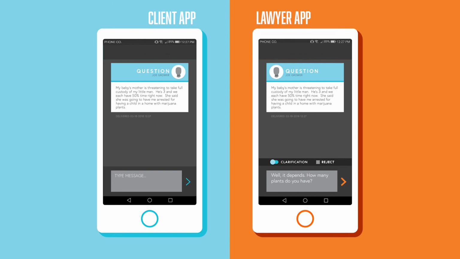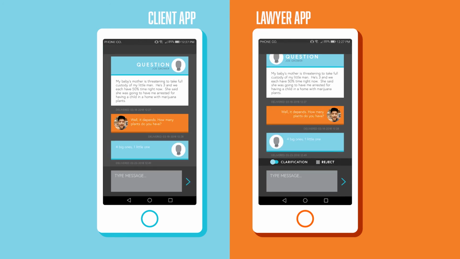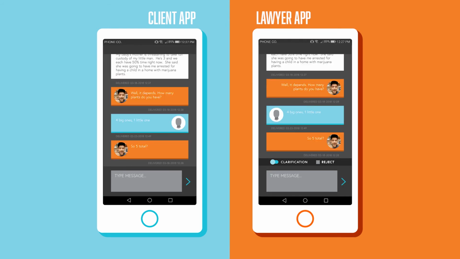The lawyer responds, "Well, it depends. How many plants do you have?" Joe Grower replies, "4 big ones, 1 little one." The lawyer asks, "So 5 total?" Joe replies, "Yeah, that's it. In the basement away from my son."